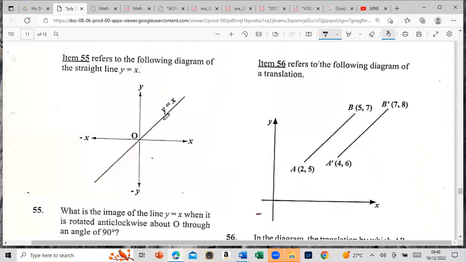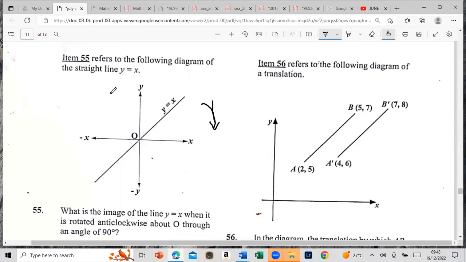It says, refer to the following diagram of the line y equals x, which is this line right here. What is the image of the line y equals x when it is rotated clockwise? So we are going this direction, clockwise, just like the clock, by 90 degrees.